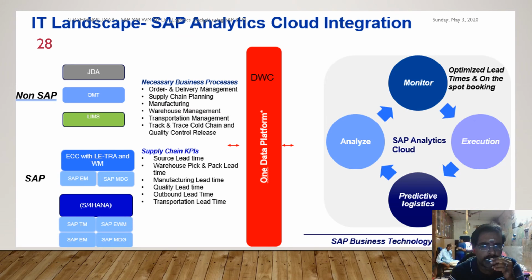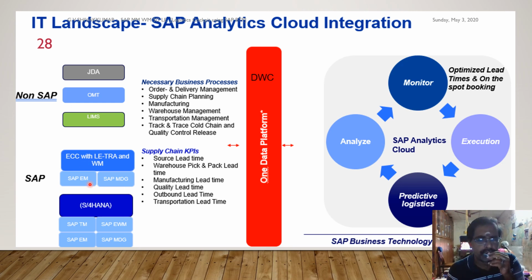So next we are moving to the IT landscape, where the different SAP systems can interact with SAP Analytics Cloud either through DWC, Data Warehouse Cloud, or, if they already have BW/4HANA in their S/4HANA implementation, they can use that. Non-SAP means JDA, order management tools for order tracking, and a laboratory information management system for QM.